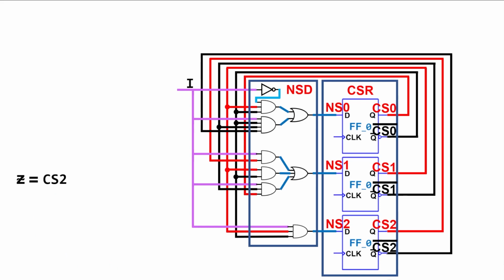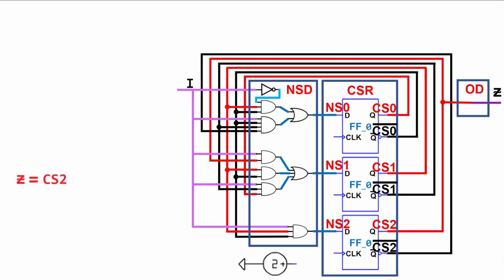All we have to do is hook the output up to CS2. So there's Z, and I'm going to make a wire that hooks it up to CS2, and of course the output decoder mystery box, we didn't do anything in there, but we want to make people think we did something in there, so we put a box in there and hide everything, and there it is.